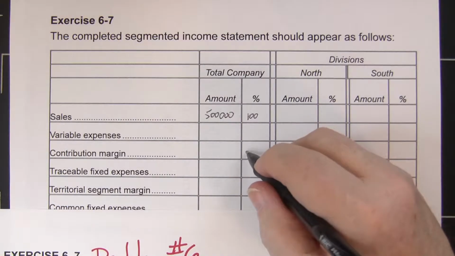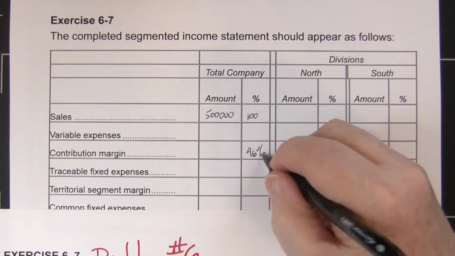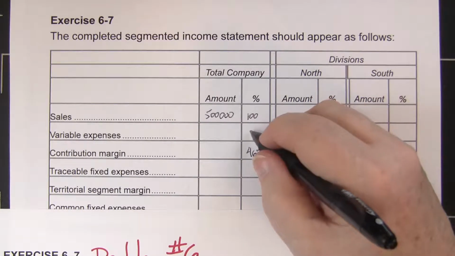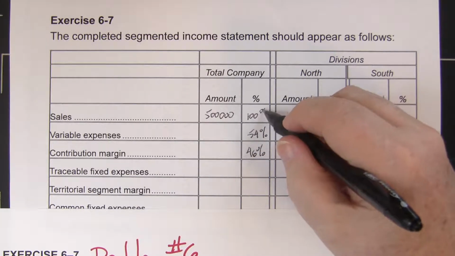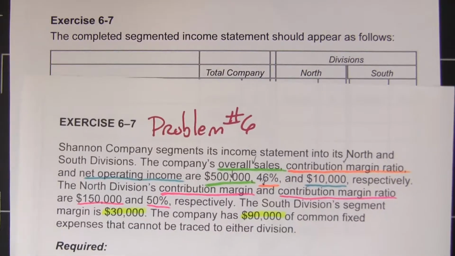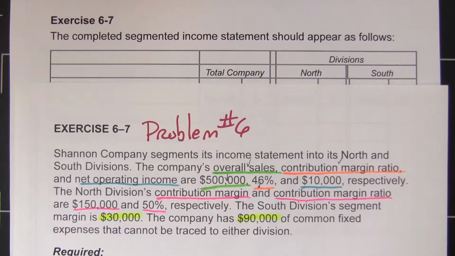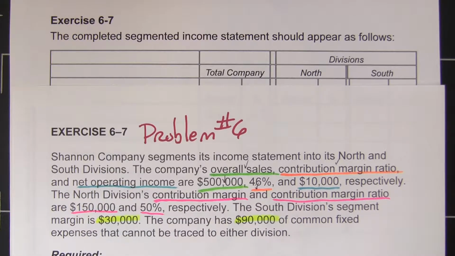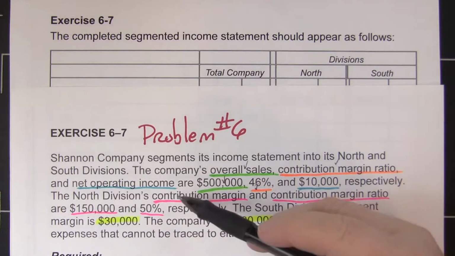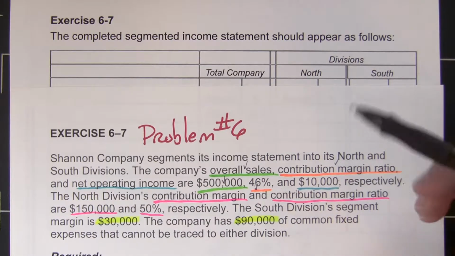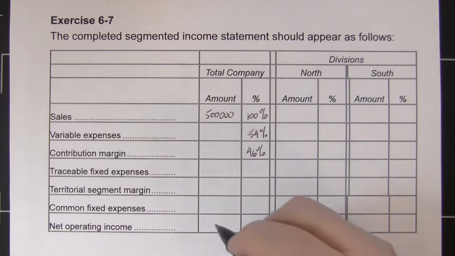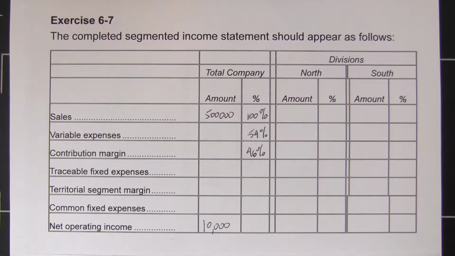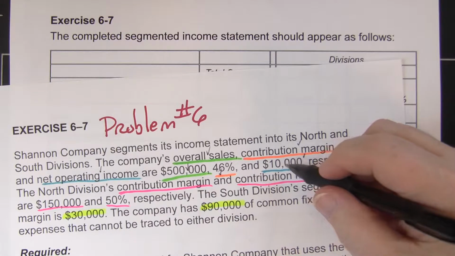Well, if the contribution margin ratio is 46%, the variable expenses have to be 54%, because these have to add up to 100%. And they tell us that the net operating income is $10,000. Now that's net operating income for the company. So we've taken care of that piece.